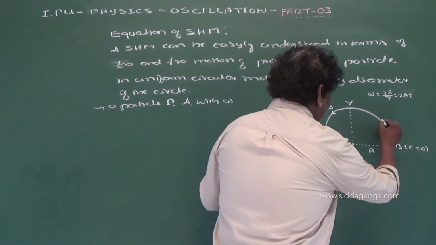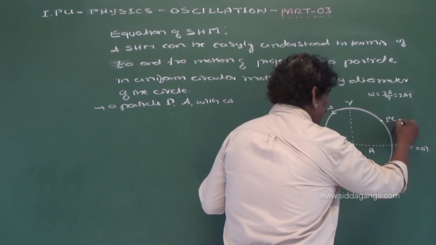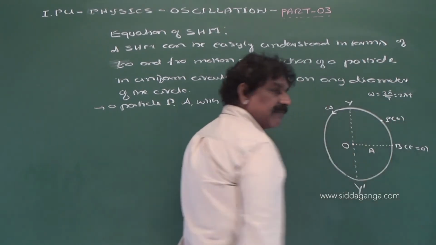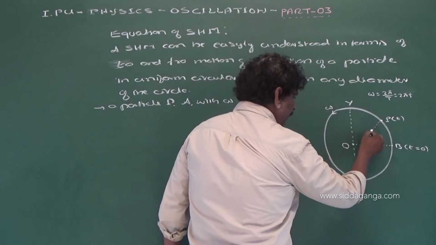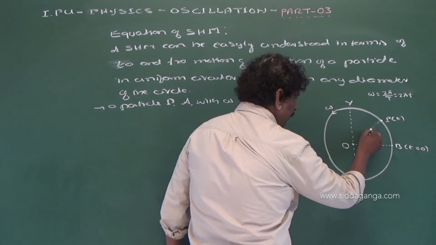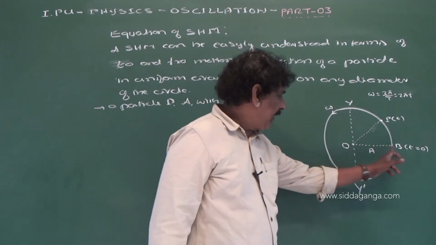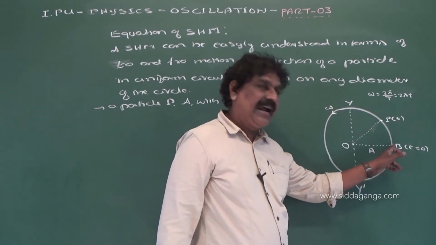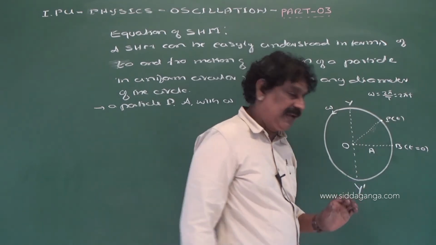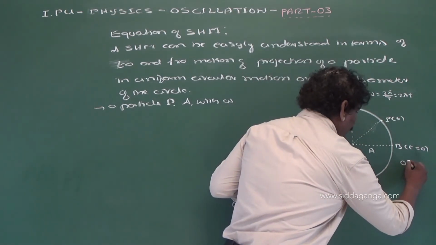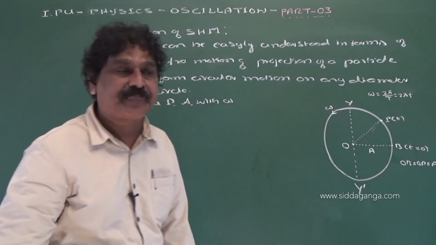Now, let P be the position of the particle at any instant of time t. OB is the radius vector at B, OP is the radius vector at P, such that OB is equal to OP is equal to A.